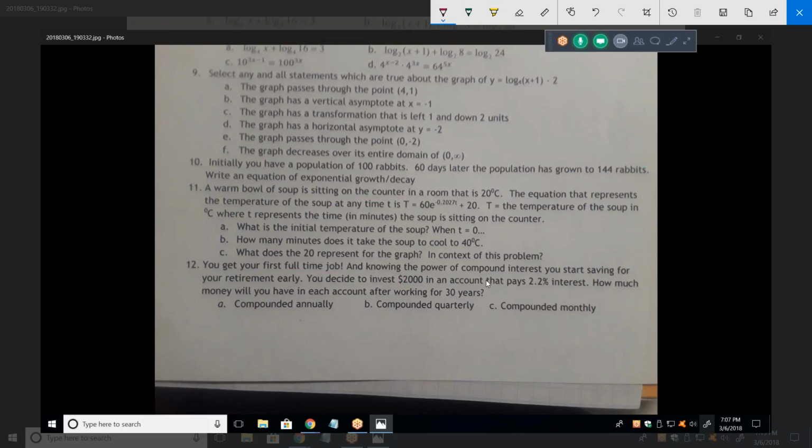All right, number 10. Oh, and I see we got Newton's law of cooling again also. They start giving you a lot of Newton's law of cooling, considering I've never had a student that had that without taking pre-calc. This is just an honors algebra 2 course, isn't it? No, it's not. What are you taking? Just normal algebra 2.